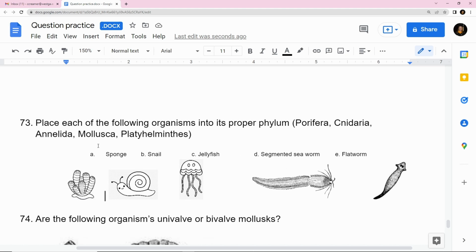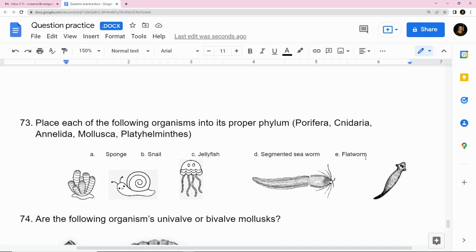The sponge belongs to phylum Porifera. The snail belongs to phylum Mollusca. The jellyfish belongs to phylum Cnidaria. The segmented sea worm belongs to phylum Annelida.